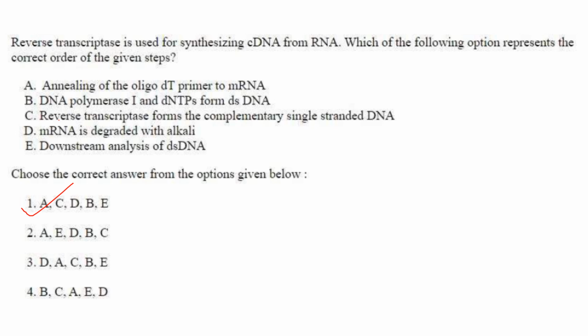So mRNA is degraded with alkali. Then you take DNA polymerase 1 and dNTPs to form double-stranded DNA from cDNA. Then downstream analysis of the double-stranded DNA. So the answer here is option 1, A, C, D, B, E.